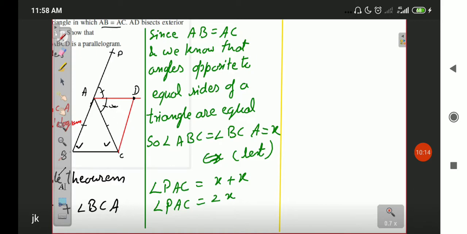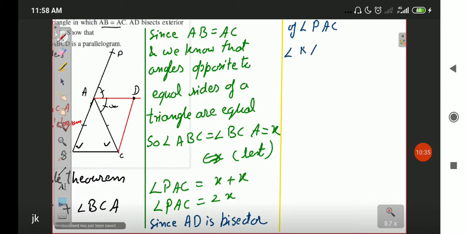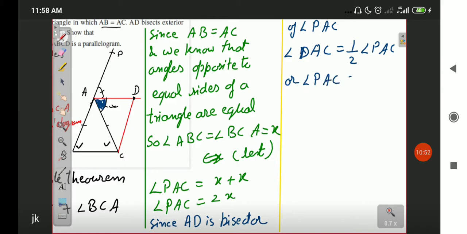So we'll write: since AD is the bisector of angle PAC, that means angle DAC, I'm talking about this angle, should be half of angle PAC. Or you can write it as angle PAC is equal to twice angle DAC.